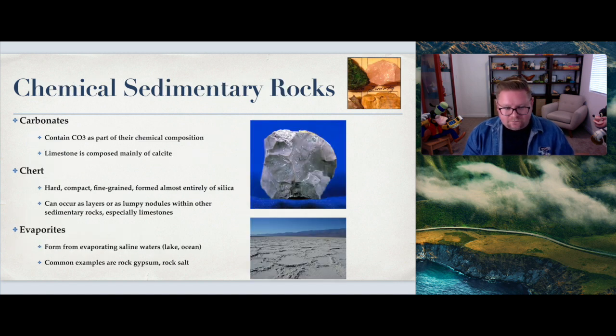So, chemical sedimentary rocks come in different types. We have carbonates, we have chert, which is very common, and then you have evaporites. Carbonates contain CO3 as part of their chemical composition, limestone as well. When I think of chemical sedimentary rocks, especially the carbonates, I often think of them as being a solid mass, not like a fossiliferous shale where you can still see the fossils in it.